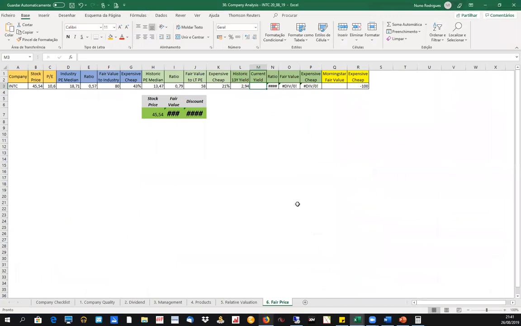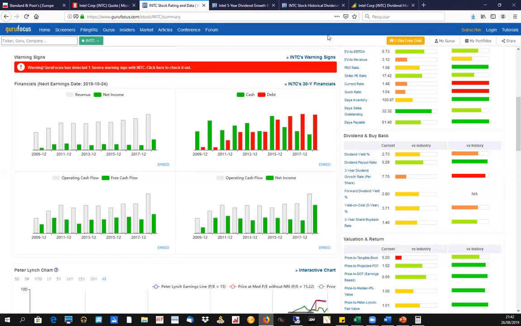So this means the company is 8% more expensive. We already saw this when we were looking at the dividend. Now let's take a look at the Morningstar fair value for Intel.